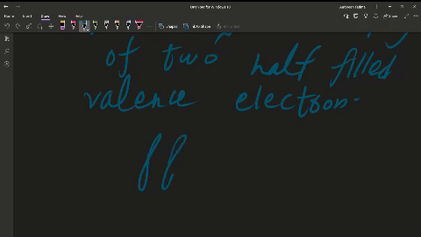These electrons get paired to each other and overlapping takes place, and we can say that this overlapping is side by side or nucleus to nucleus. Nucleus to nucleus forms a sigma bond, and side by side forms a pi bond, okay.